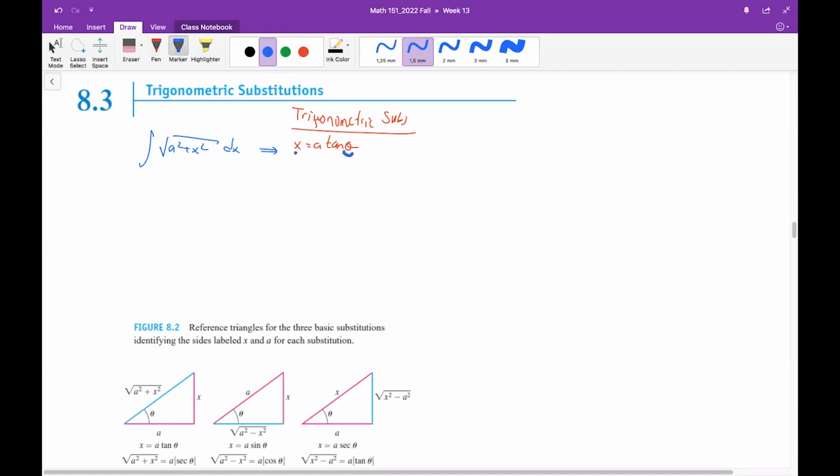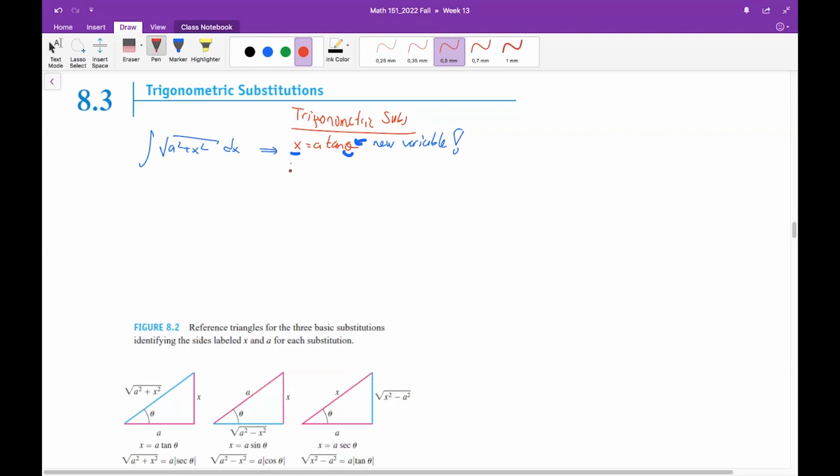So x is the original variable of the integration, but the new variable is theta now, which means that after doing the substitution, the integral will contain only thetas and d thetas. So the new integration will be with respect to theta. Okay, this is our new variable now.